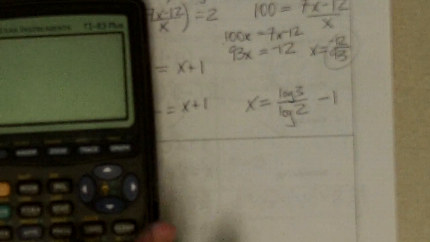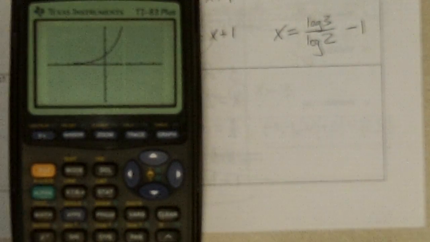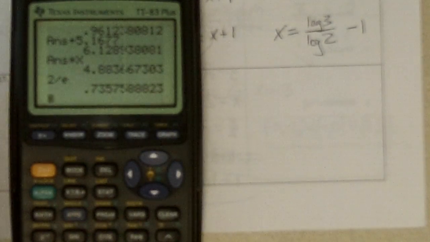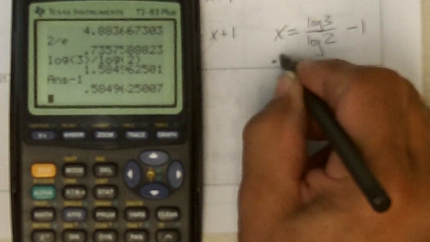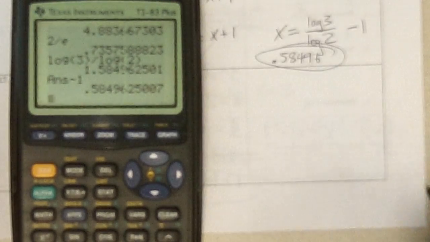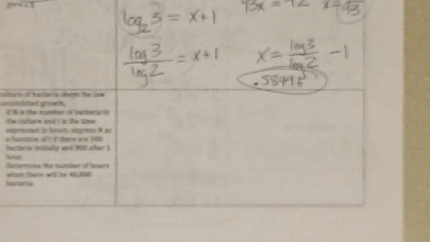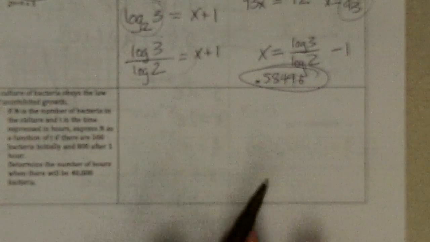And I can get the decimal answer for that if needed. So that would be log 3 divided by log 2 minus 1 is 0.58496, whatever. And I can use that for the power, and you can put that in there and check it.